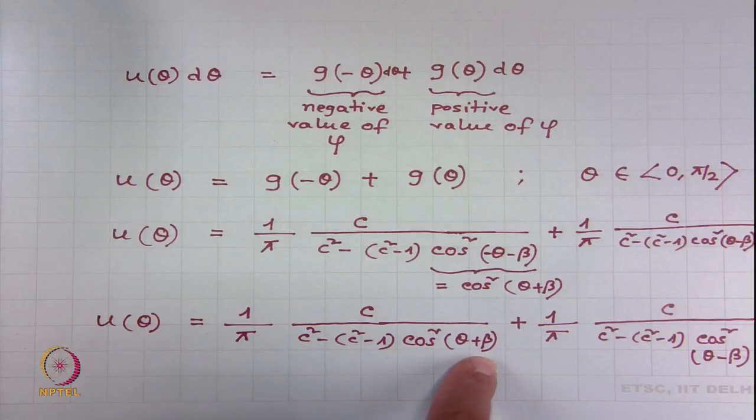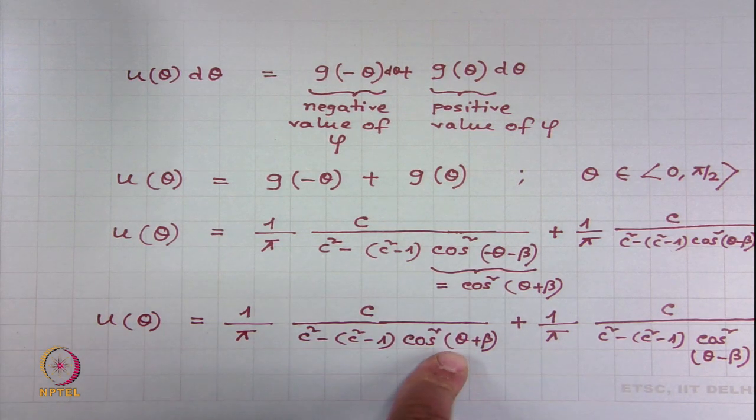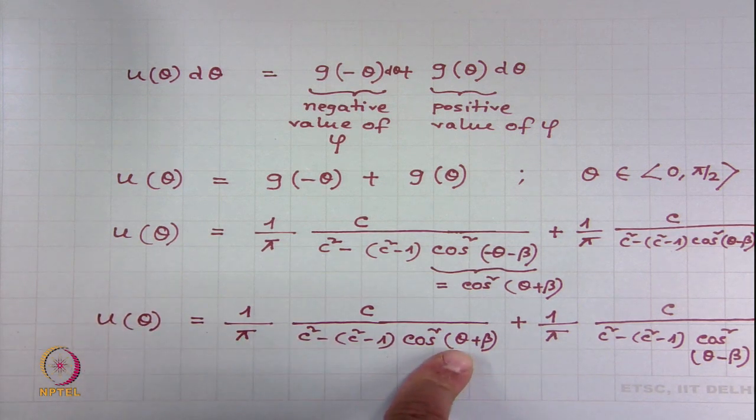So, by assuming a value of beta and also assuming a value of c, the c is also a constant for a given material. When the material changes, c will change. So, for given values of beta and c, if we change the value of theta from 0 to pi by 2, that is the interval of theta, we will obtain this value of u theta, and if we plot u theta along the y axis and theta along the x axis, we will obtain the graphical behavior of u theta.